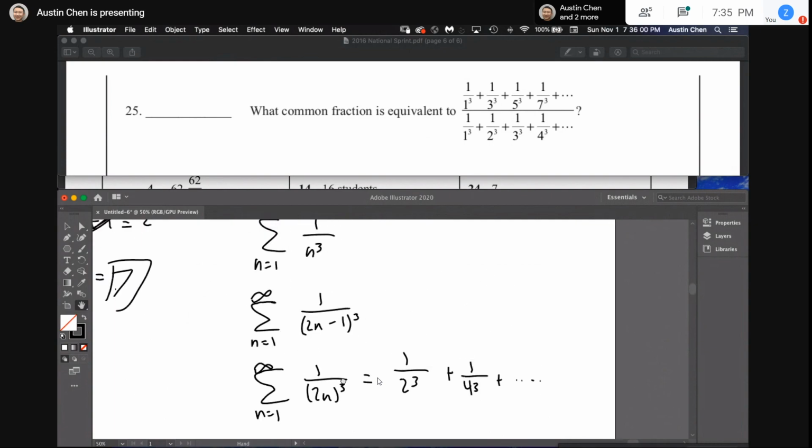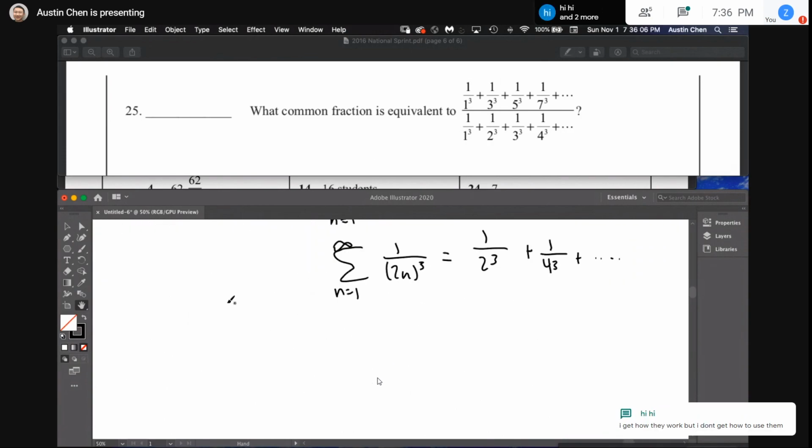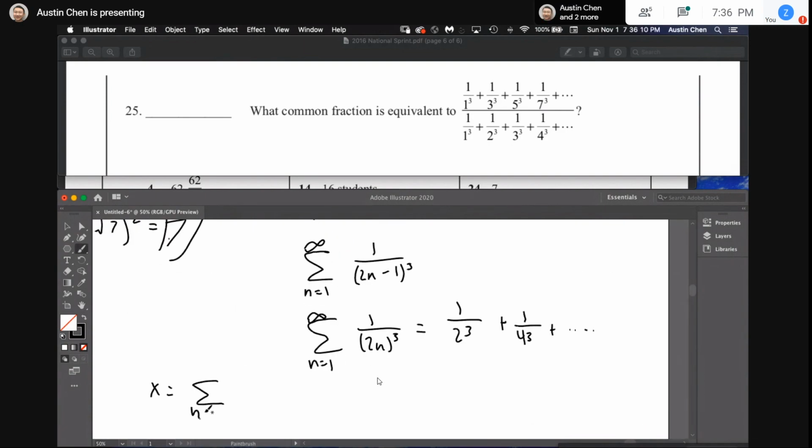Well, it's this sum minus this sum, right? So we can call that sum on top x. That will be the sum of n equals 1 to infinity of 1 over n cubed minus the sum of n equals 1 to infinity of 1 over (2n) cubed.